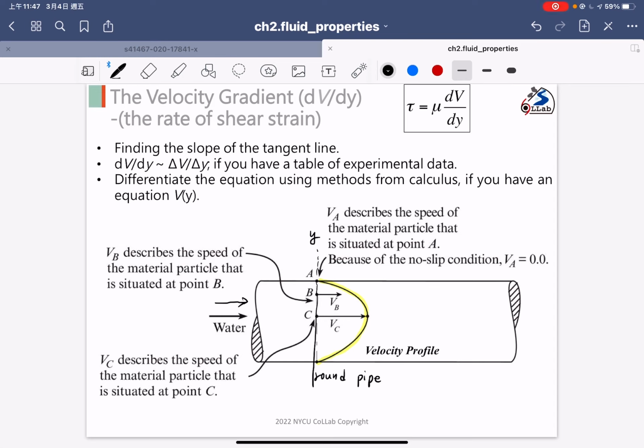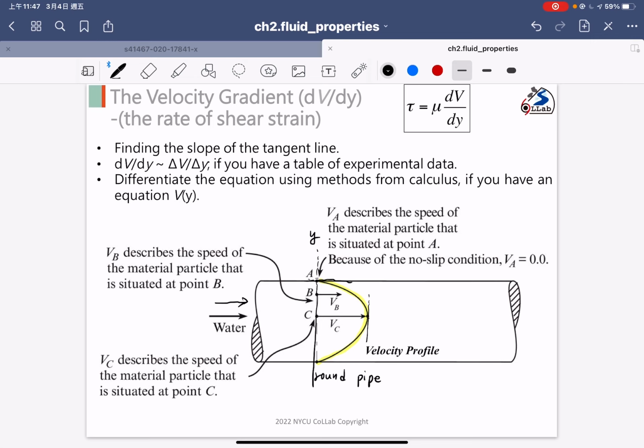So different locations have different velocity gradients, right? In here the velocity gradient is like this, and in here the velocity gradient slopes like this. So different locations y have different velocity gradients, and you will have different shear stress, right?